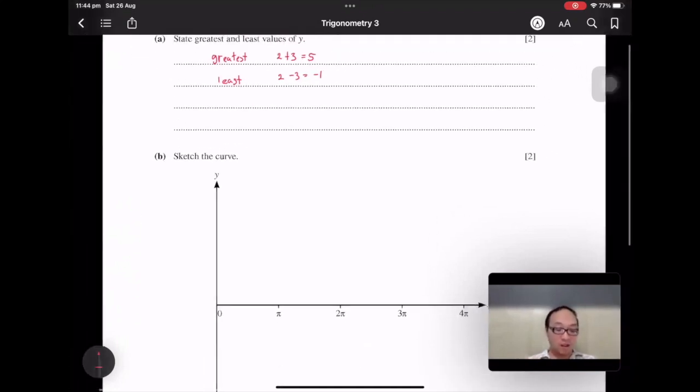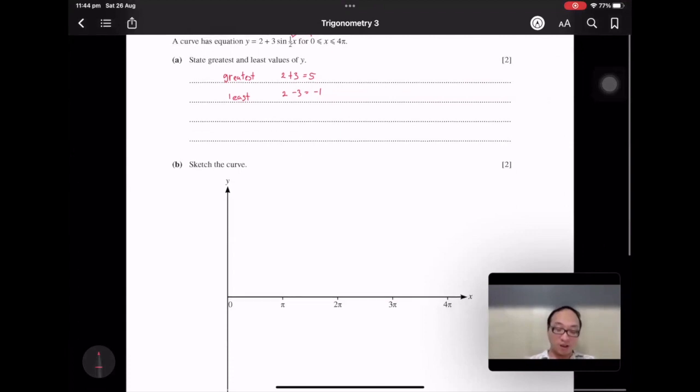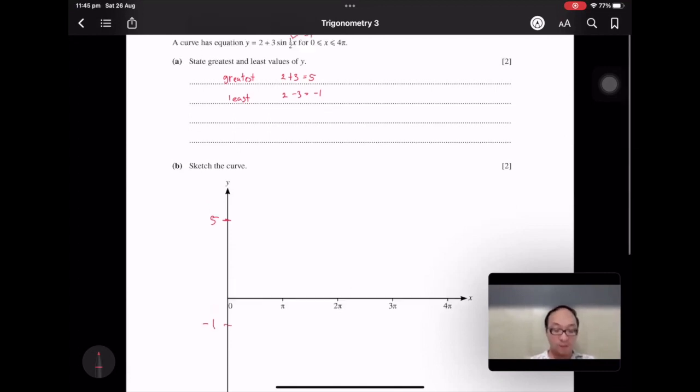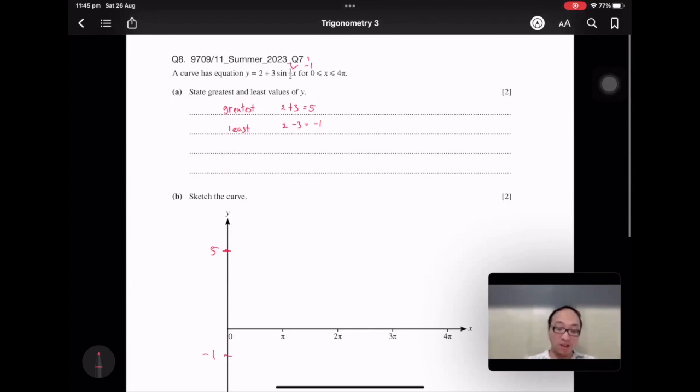And then sketch. We know that the maximum will be 5 and the least will be negative 1. From here, we can see that A is 3, so the amplitude is 3. B is half, so the period will be 2 pi over half, equals 4 pi.